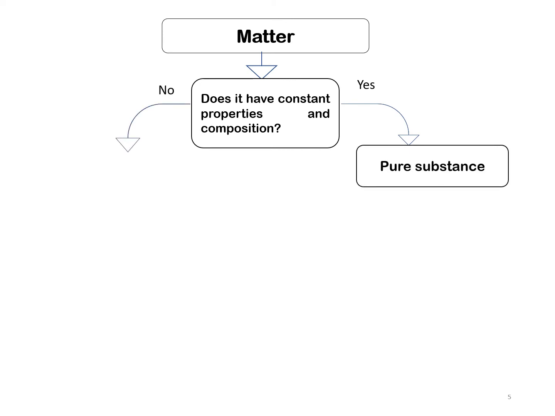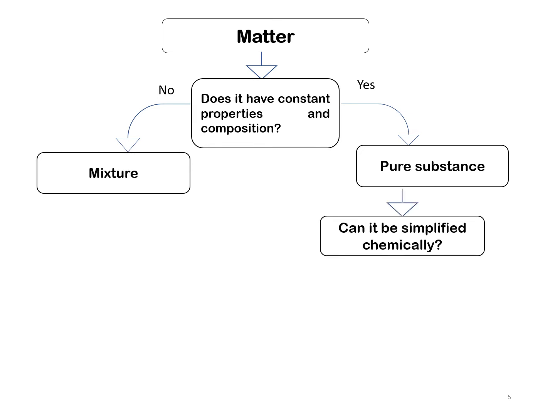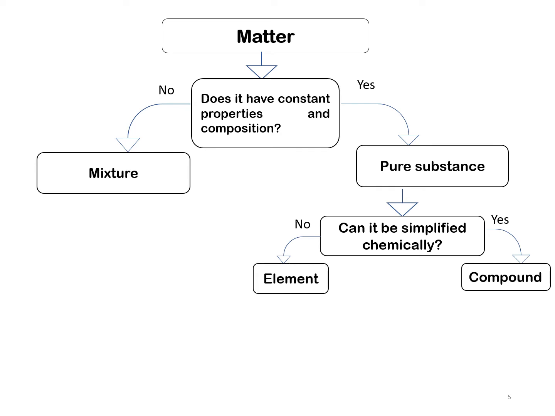If no, then it is classified as a mixture. A pure substance can be further classified on the basis of its chemical composition. Can it be simplified chemically? If yes, it is known as a compound, and if no, it is known as an element.